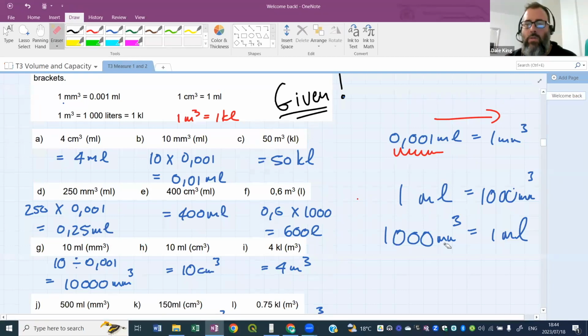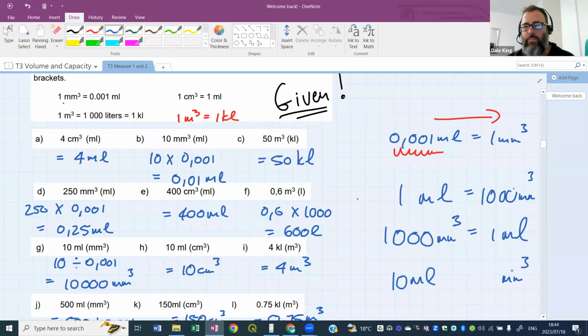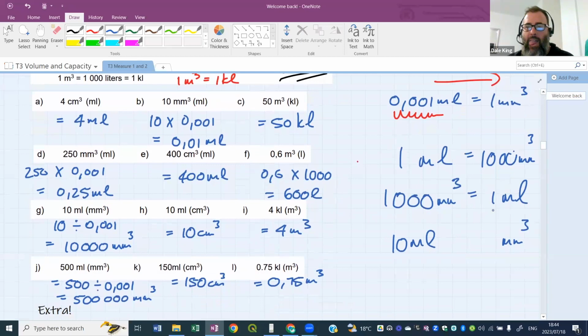All right. So for example, if I've got 1,000 millimeters cubed and I've got 1 milliliter, let's do this one here. Let's do 10 milliliters, and I want to know how to get to millimeters cubed. So I'm looking at this conversion here. I've got 10 mils.